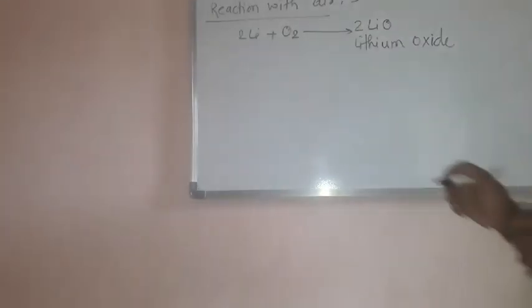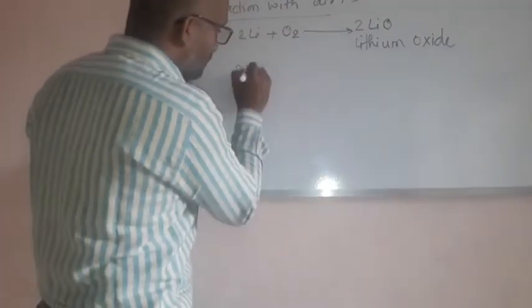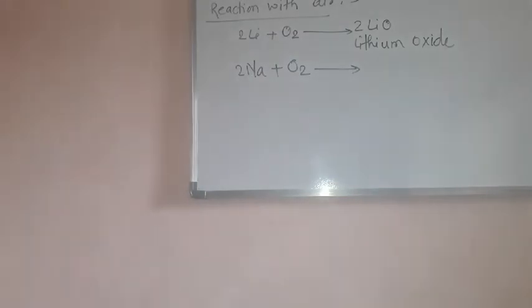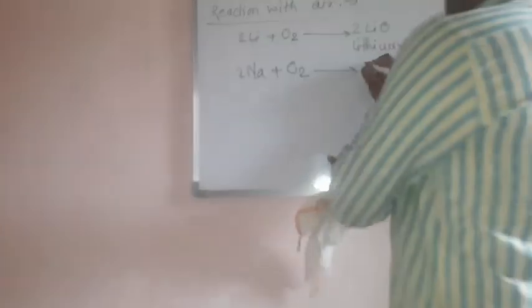Another example is the third element of group first, sodium. When sodium is exposed to oxygen, two Na react with the oxygen to give the corresponding sodium peroxide, Na2O2.